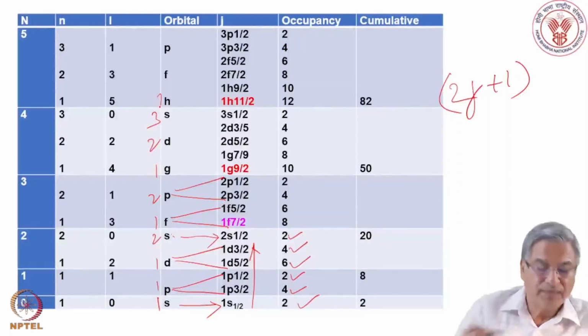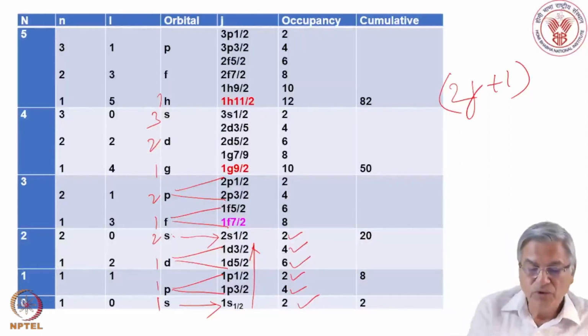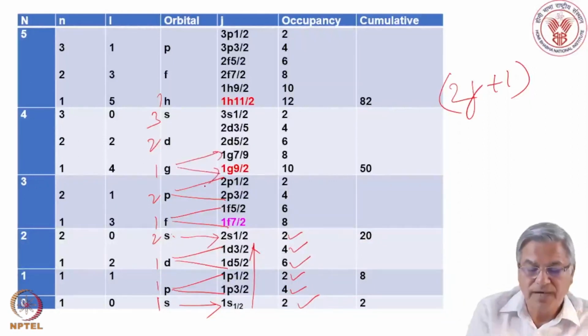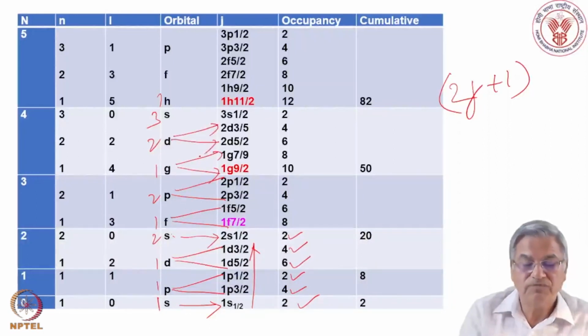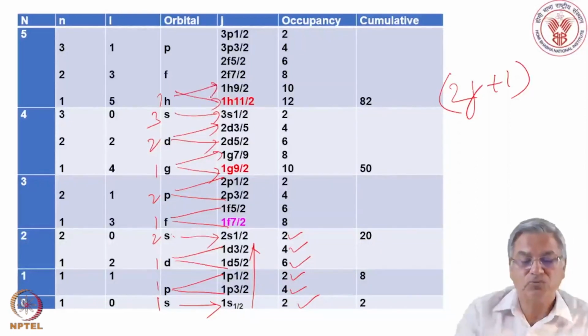These are the values of small n. Now you can see the G orbital will split into G9/2 and G7/2, the D orbital into D5/2 and 3/2, and S will not split, and so on. H11/2, H9/2.